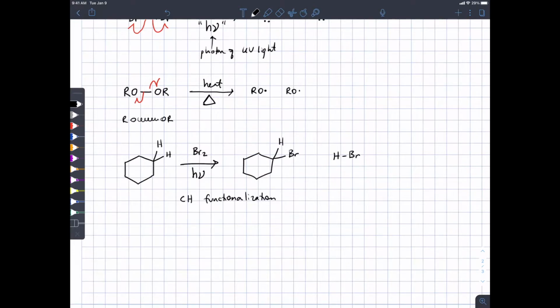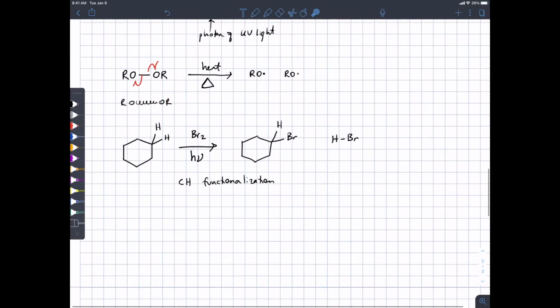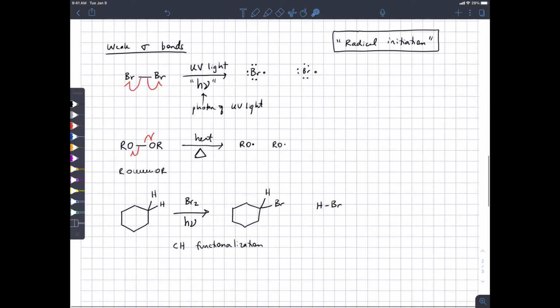Now, this reaction isn't the solution to all of our problems for generating useful chemicals from things that you can find in petroleum, but it is the first one that we're learning where you can do this. How does the mechanism work? Well, first you've got to do an initiation step where you generate the bromine radical.